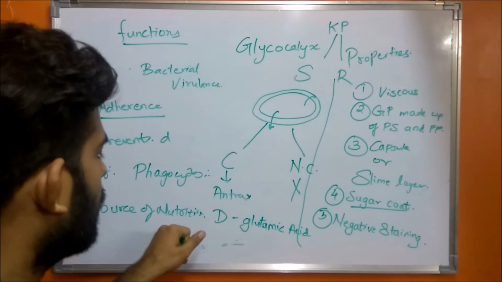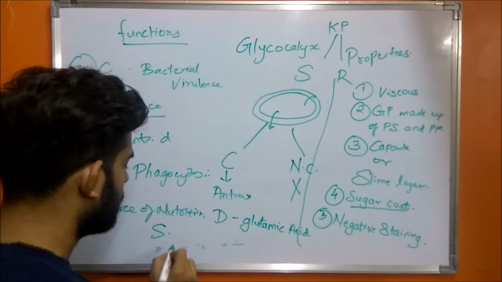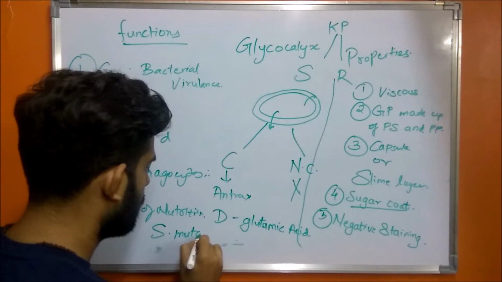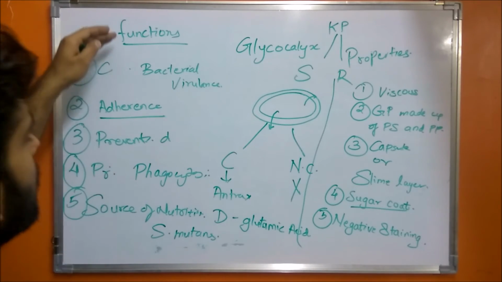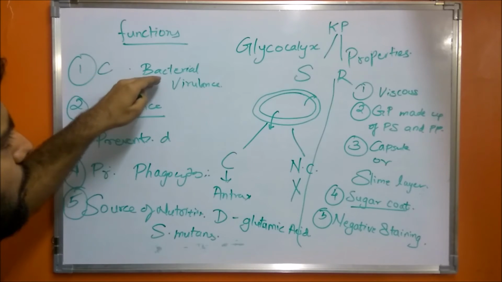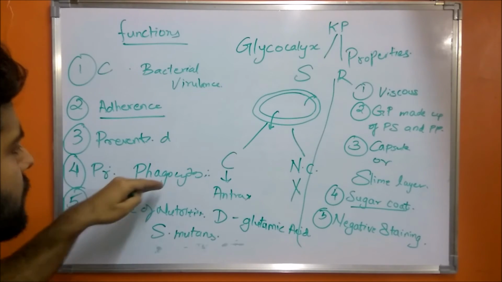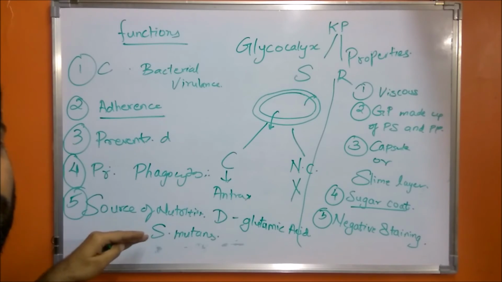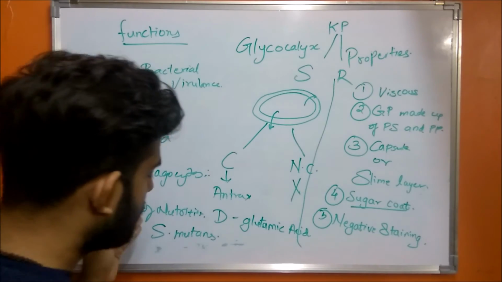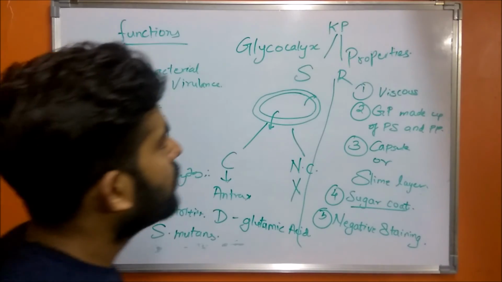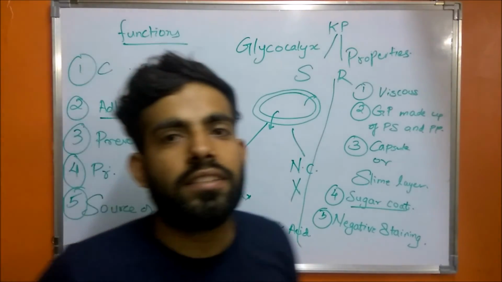The example is Streptococcus mutans. So the functions are contribution to bacterial virulence, adherence, preventing dehydration, preventing phagocytosis, and source of nutrition. So this was all about glycocalyx.